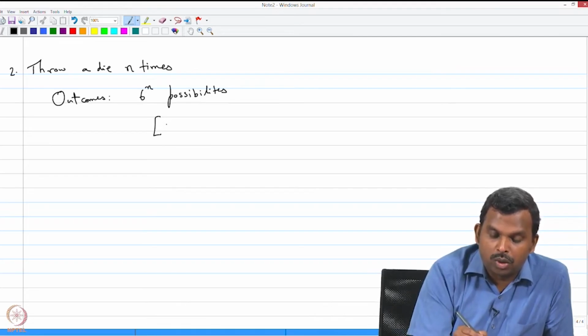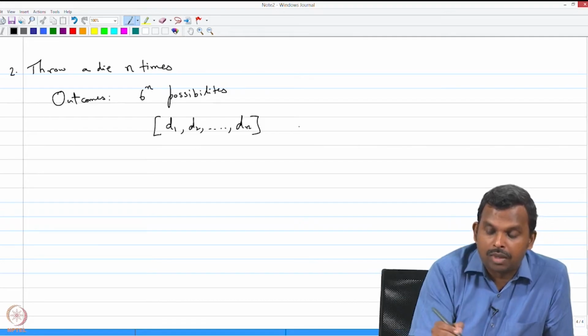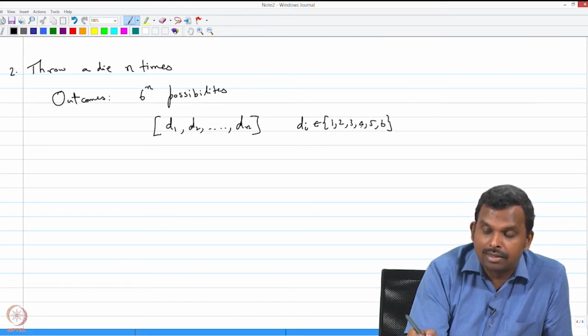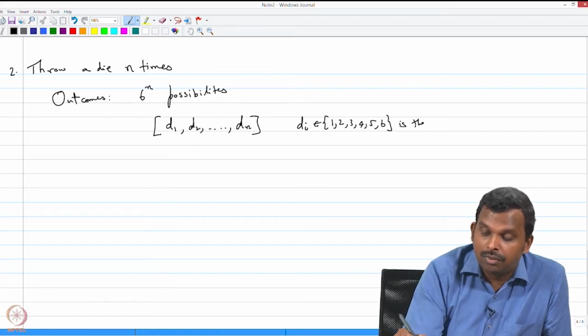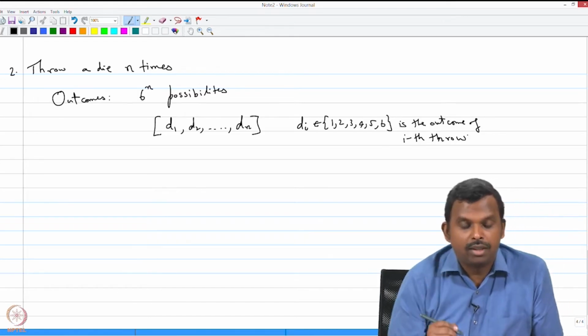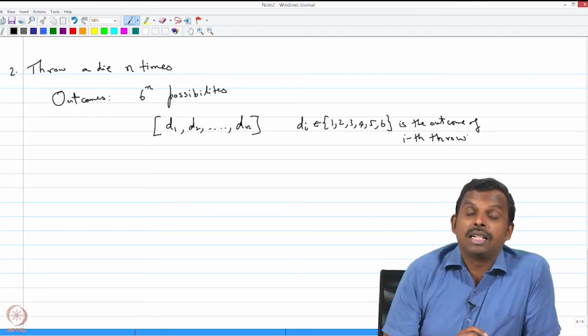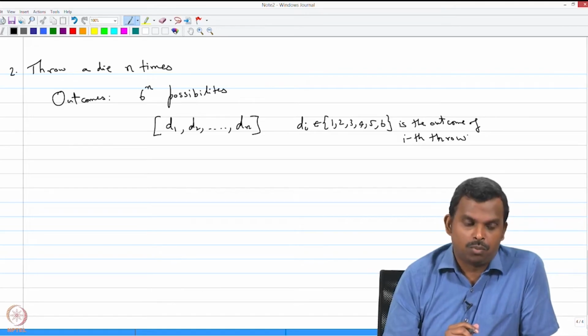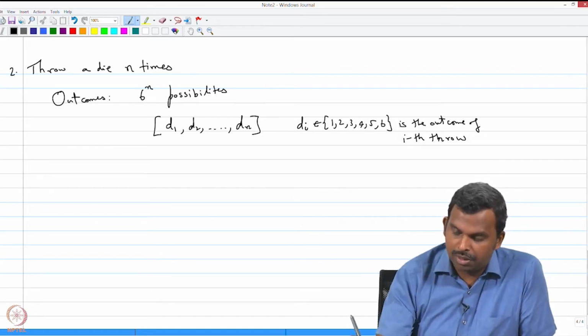So I could write it as something like d1, d2, dn, where di is either 1 or 2 or 3 or 4 or 5 or 6, the outcome of the ith throw. So it's a very convenient way to represent in an abstract sense what the possibilities are when you throw a die n times. So let's also look at the other experiments we have.